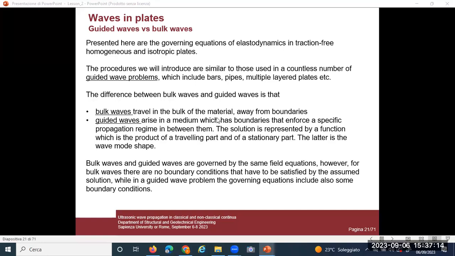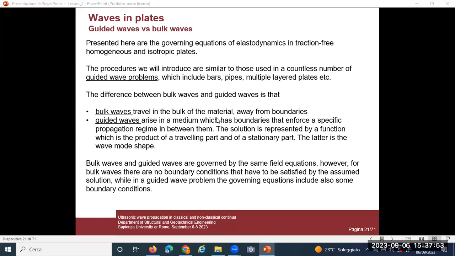That is, it is a layer of material that has free stress conditions on the upper and lower surfaces. The procedure we will introduce is very similar to the one we used when we were studying bulk waves, and is used in countless guided waves problems that may also include pipes, multi-layer plates, and so on.